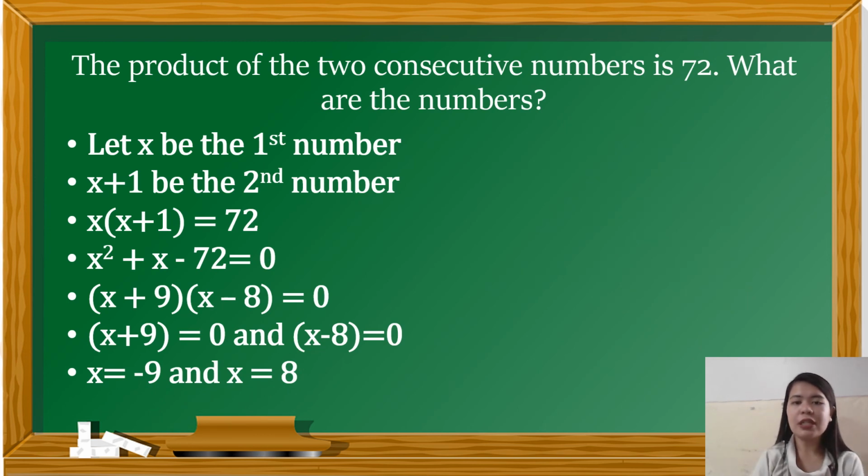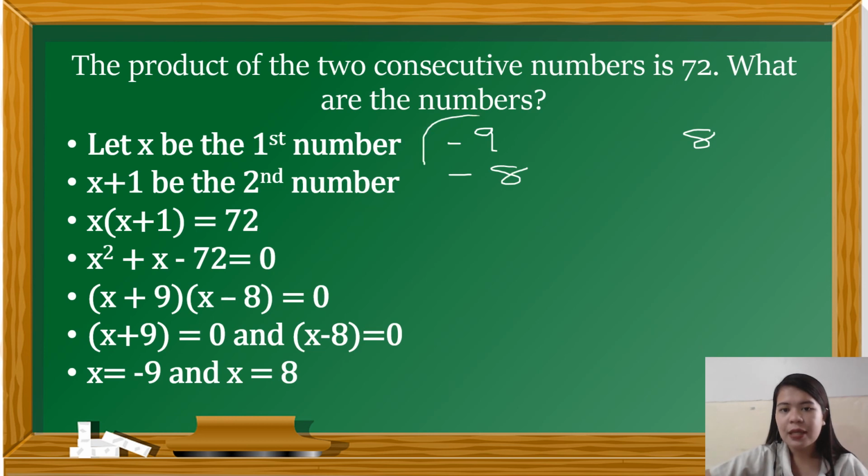Now, what are the numbers? We have to answer the problem. Since they are asking for the numbers, if we let x be our first number, we have negative 9 and 8. Negative 9 plus 1 is negative 8. Negative 9 times negative 8 is 72.